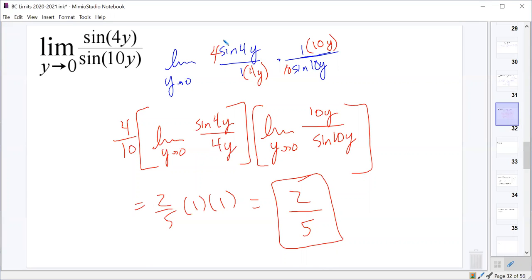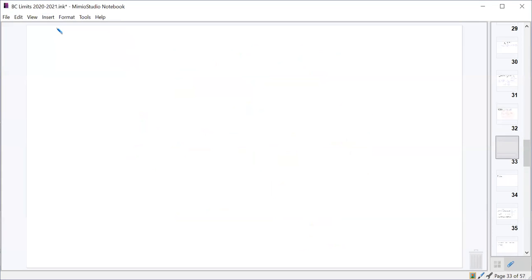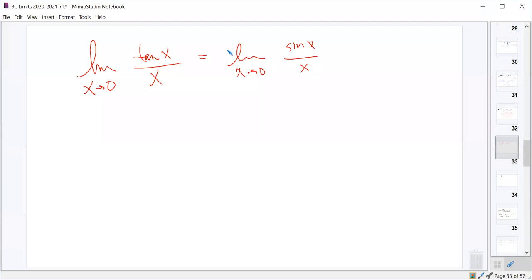Great. All right, before we do this last one, real quickly, what's this limit? One. Yeah, why is it 1? Because it could be rewritten as this limit, right?